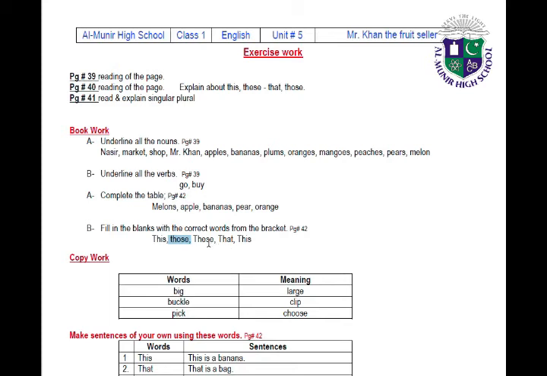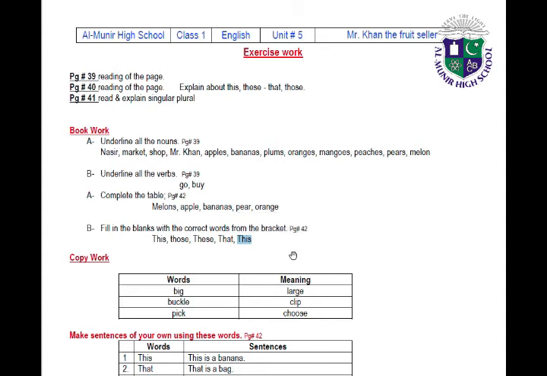So we will use here these. These eggs are white. Dash kite is very big. That kite is very big. Dash is my bag. This is my bag.